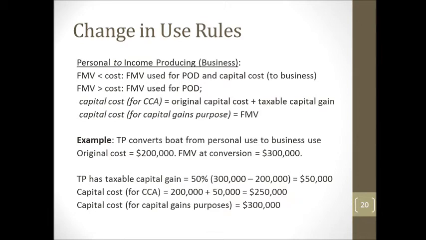Remember, this rule was put in place to ensure that the business does not get CCA deductions on the 50% of the capital gain that was not taxed on the deemed disposition. However, for capital gains purposes, when the business, let's say, sells the boat in the future, the capital cost is the fair market value of $300,000.